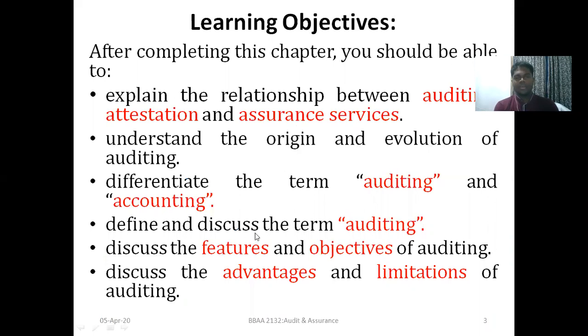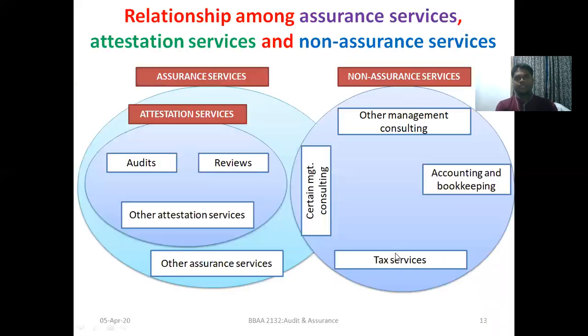The third one says differentiate the terms auditing and accounting. It's an important one. Then the next one says define and discuss the term auditing, and then the one that says discuss the features and objectives. So one by one we will discuss.